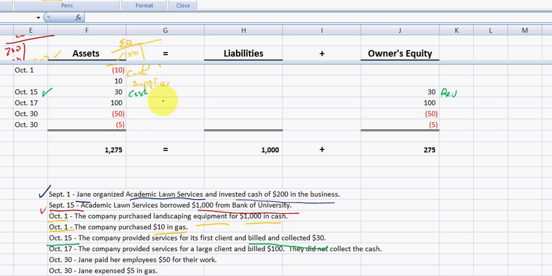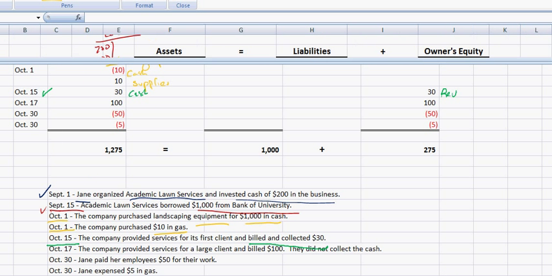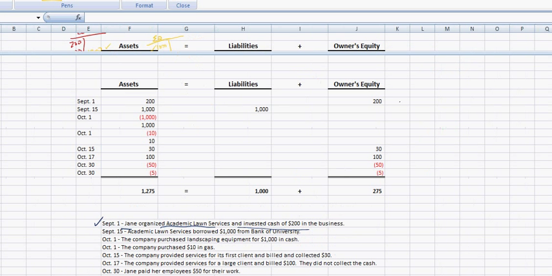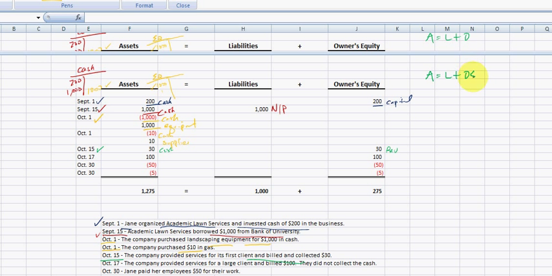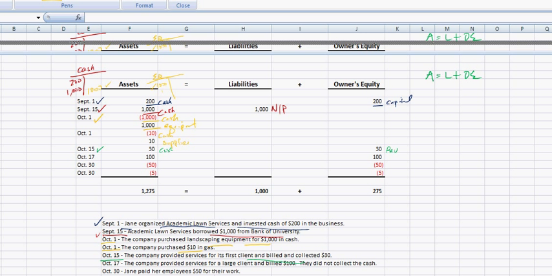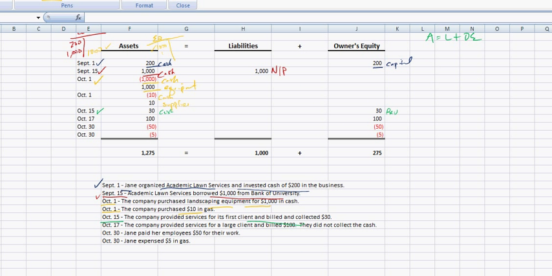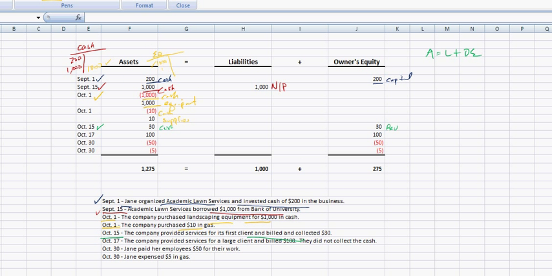It's important to note that the equation assets equals liabilities plus owner's equity can be expanded to assets equals liabilities plus owner's equity plus revenues minus expenses. Why is that?